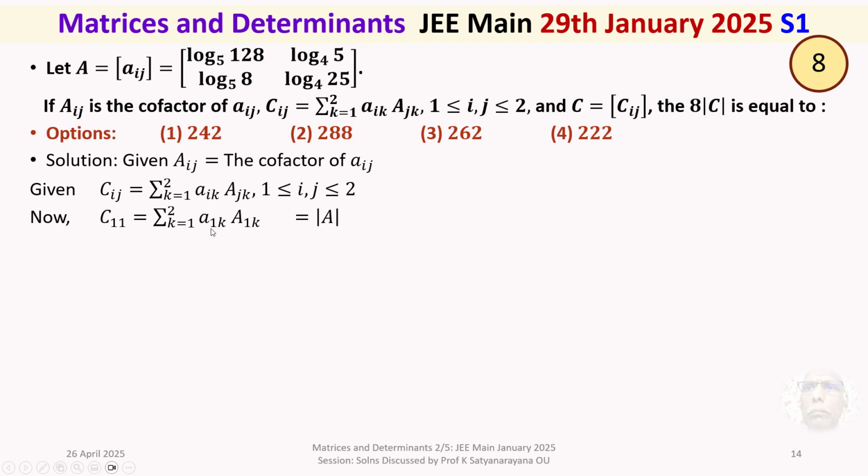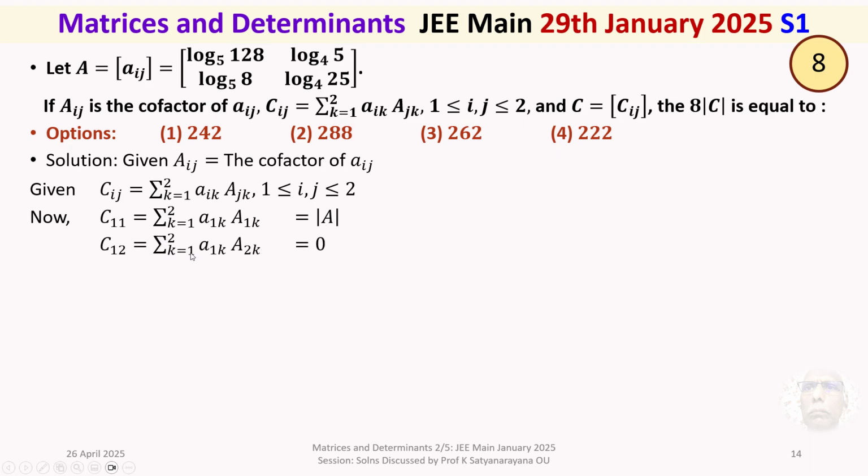So, an element multiplied by its corresponding cofactor, with k, the column, running from 1 to 2 in the case of a 2 by 2 matrix, gives the determinant of A. You remember this.